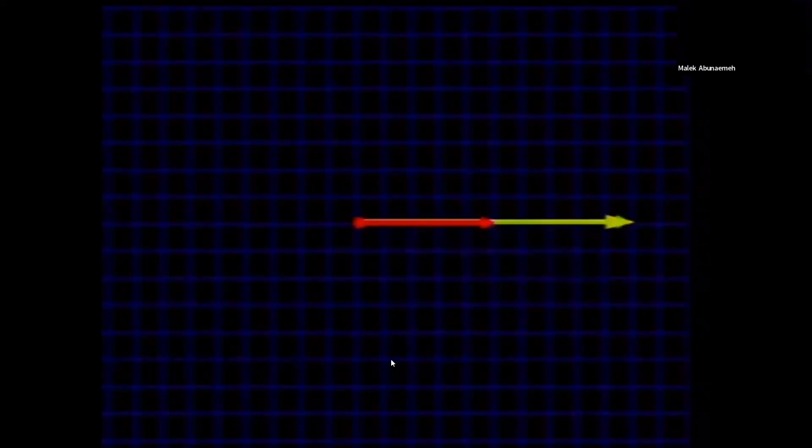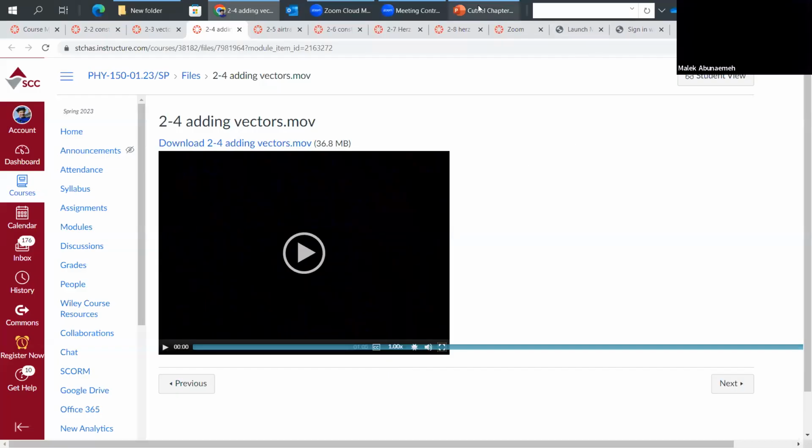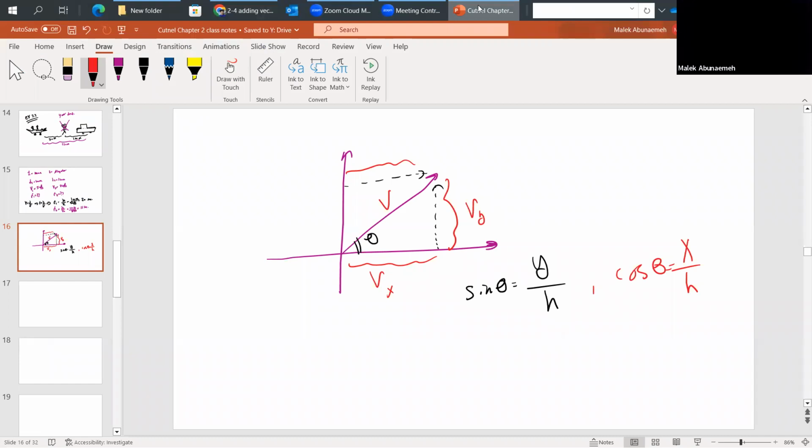And again, this resultant vector is a product of your x-axis and your y-axis vector.